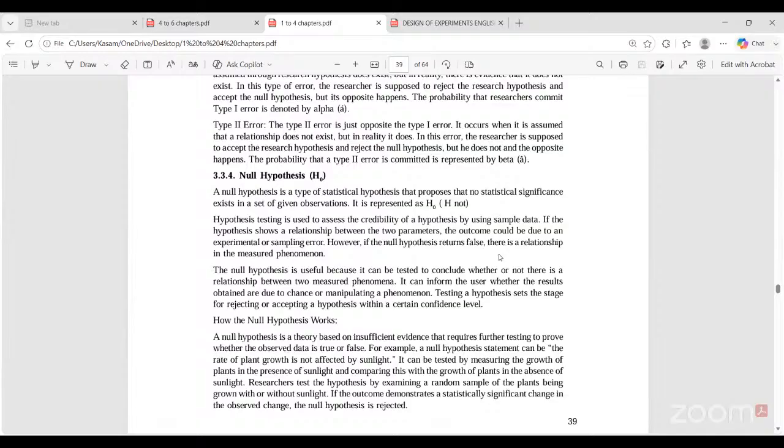A null hypothesis is a type of statistical hypothesis that proposes no statistical significance exists in a set of given observations.